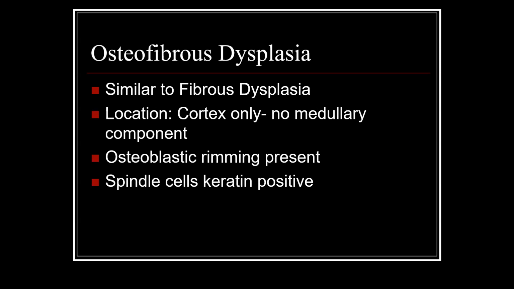Now, osteofibrous dysplasia is somewhat similar histologically, but this is cortical only. There's no medullary component, and this does have osteoblastic rimming. Now, interestingly, some of the spindle cells within this lesion can be cytokeratin positive, which is sort of an interesting finding.